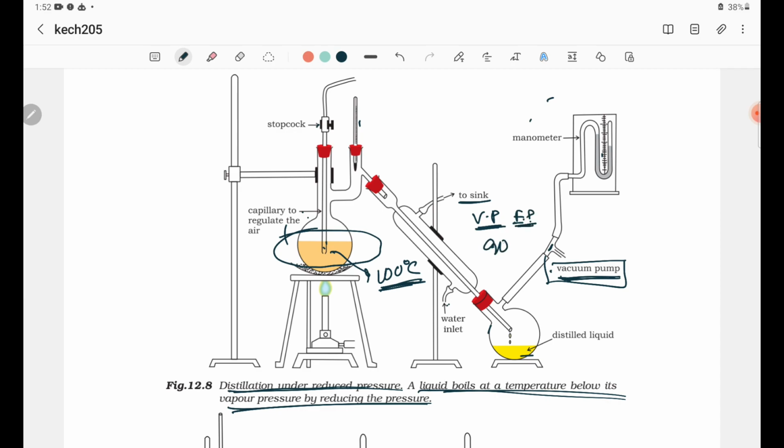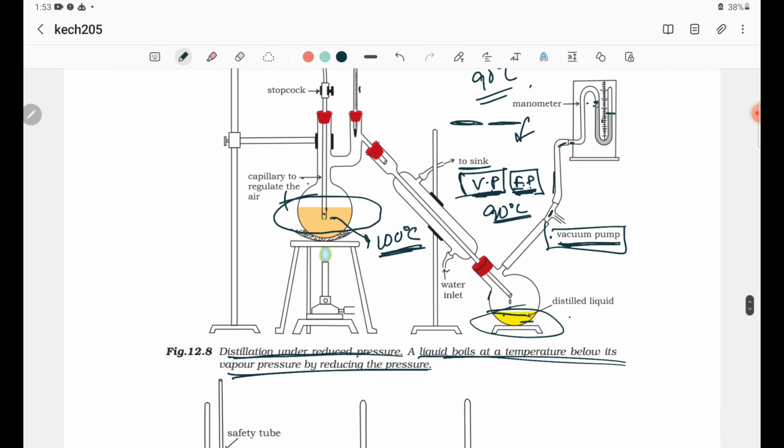Now at 90 degrees C only, the vapor pressure is equal to the external pressure. See the pressure here, they are checking, the pressure is reduced. So by reducing the pressure, the vapor pressure becomes equal to the external pressure at a lower temperature, that means at 90 degrees C only. So it will boil at 90 degrees C and we will get the distilled liquid over here.